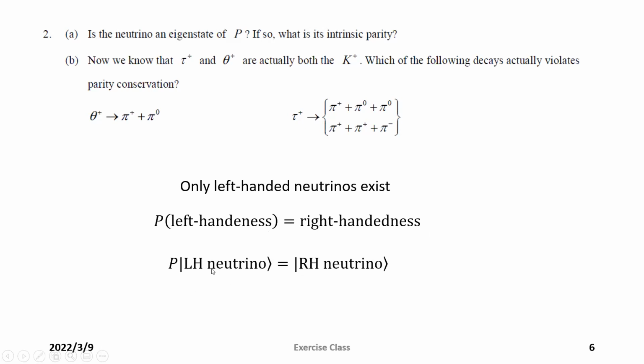So if we act the parity operator on a left-handed neutrino state, it will turn it into a non-existing right-handed neutrino. So obviously, the neutrino is not an eigenstate of the parity operator. So a neutrino does not have an intrinsic parity, unlike other particles.